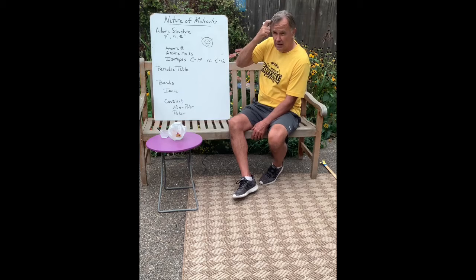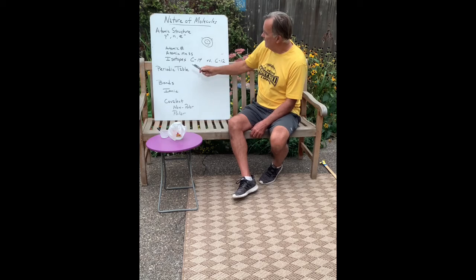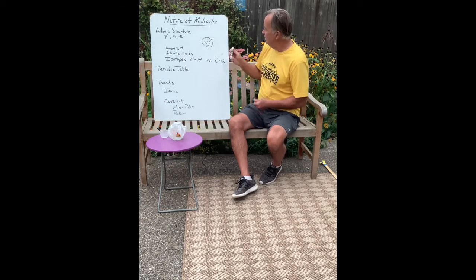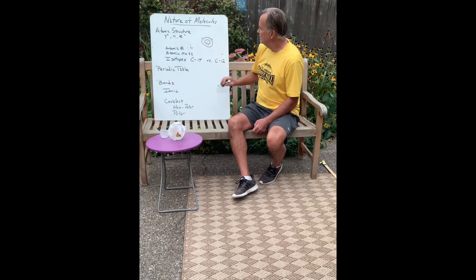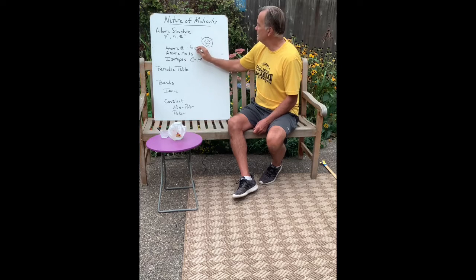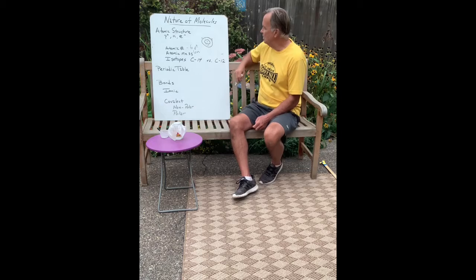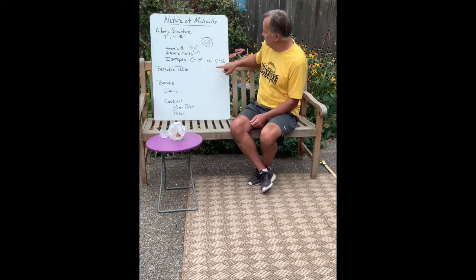All right. So, for example, carbon exists in at least 2 isotopes, C14 and C12. Okay. So carbon has an atomic number of 6. Excuse me, it's got 6 protons. Okay. And so its atomic number is 6. It's got 6 neutrons. Okay, so its mass number would be 12 in this case.